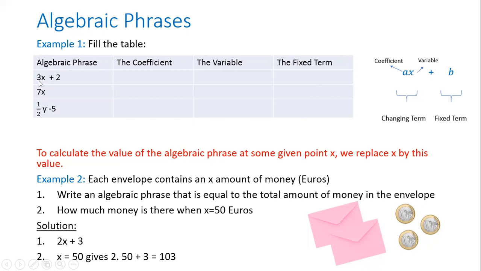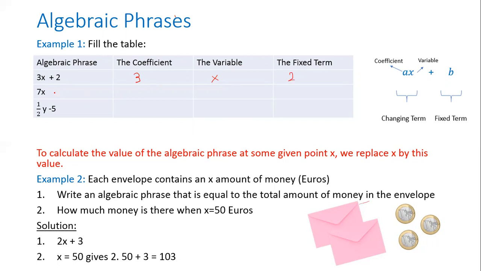So here, 3x plus 2, we can see that the value of a is equal to 3 in this case. So we write here 3. The variable here is x, as we see by comparing the form. And the fixed term, here we have b, here we have 2.